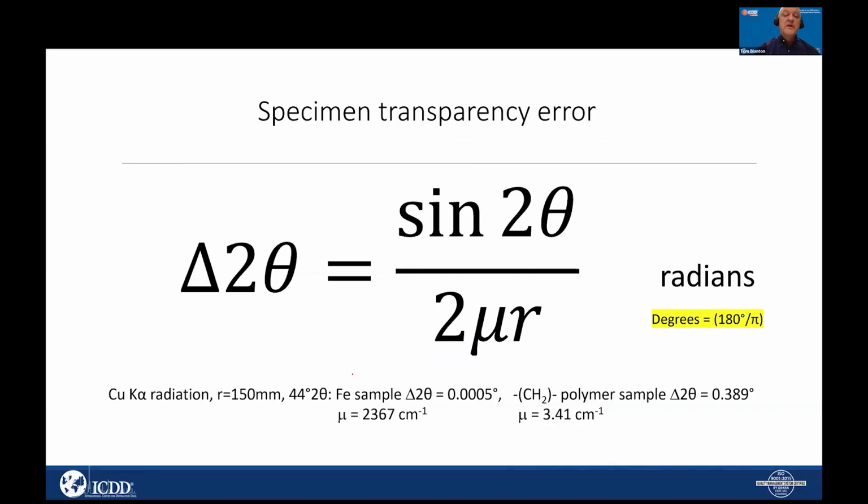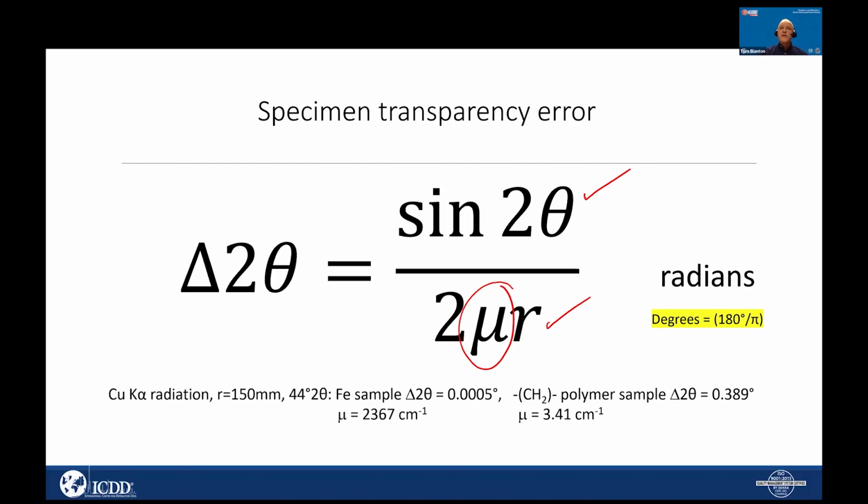There is an equation we can use to calculate this delta 2 theta, and it's related to the angle at which you're collecting data, the radius of your diffractometer, and something that we call the linear absorption or linear attenuation coefficient.